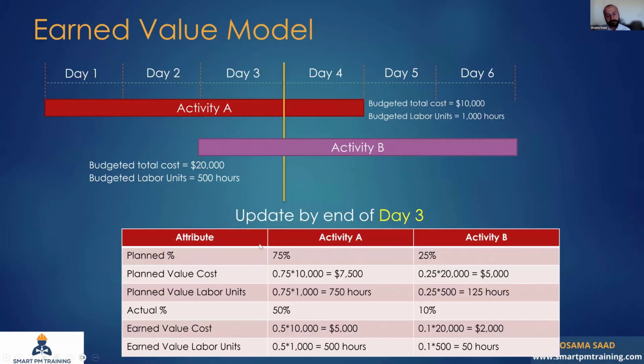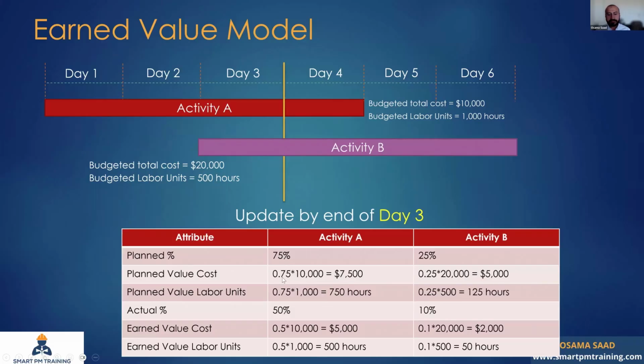On an activity level, for activity A is 75%. Activity A has 4-day duration. 3 days are elapsed, so it is 75% planned. Activity B is only 25%. 1 day is elapsed. The planned value cost is the planned percentage multiplied by the budgeted total cost.